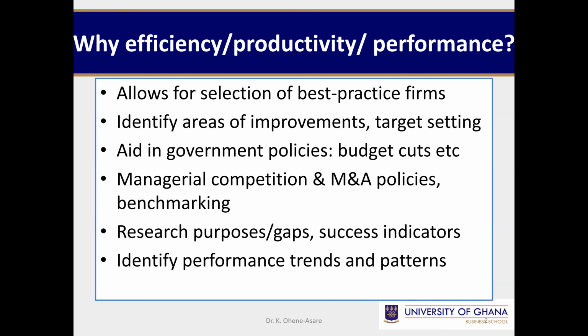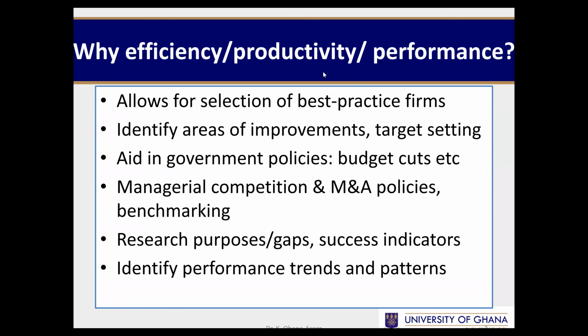In fact, guys, look at the paper by Sherman. I put it on the page the other time. Sherman, okay? He looked at bank branch productivity. I don't know whether you guys remember it. Bank branch productivity and efficiency. And believe me, it's a very nice article.